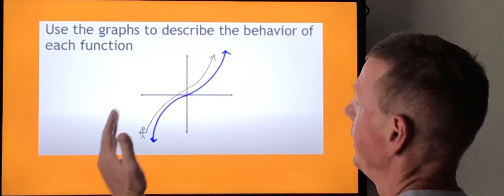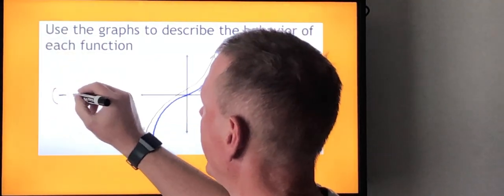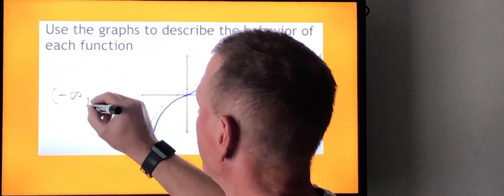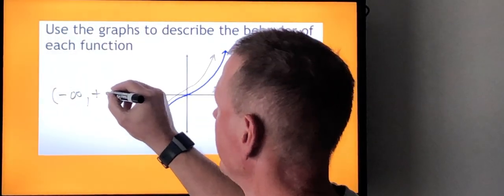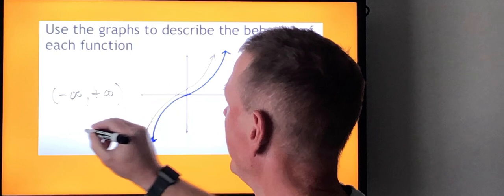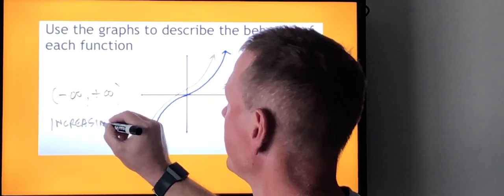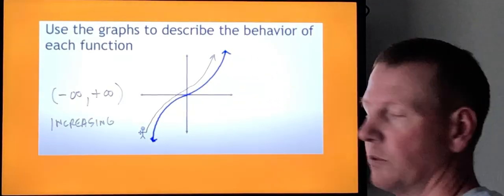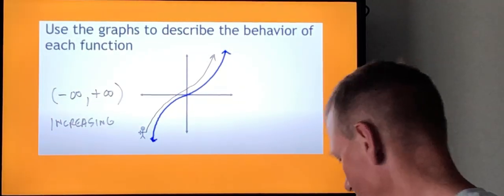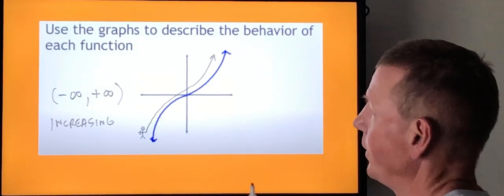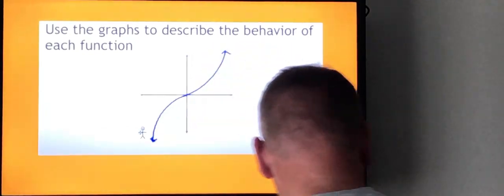So from negative infinity all the way to positive infinity, we are increasing on this one. So this would be considered an increasing graph. Okay, so for the interval negative infinity to positive infinity, it's increasing.